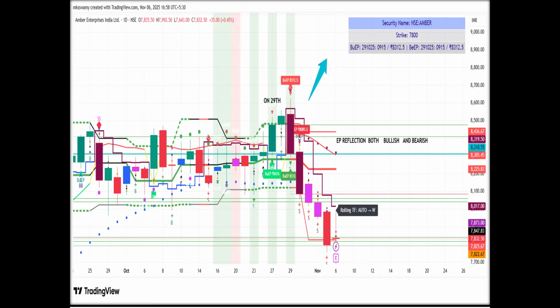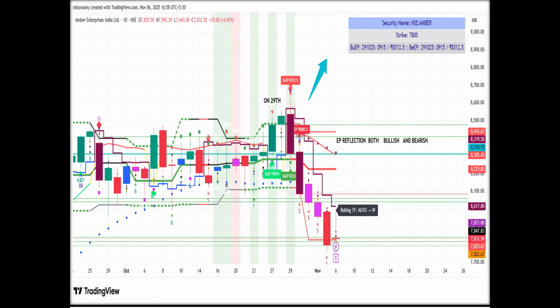Finally, bears won the picture, and this stock plummeted from 8,400-8,500 to now trading around 7,800. 8,400 to 7,800 is almost 600 points, nearly 10 percent fall in this stock.